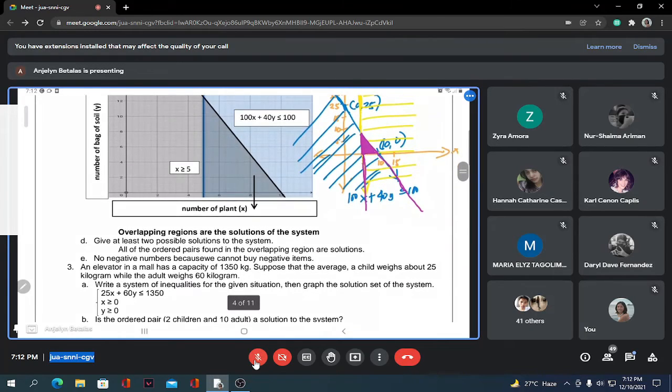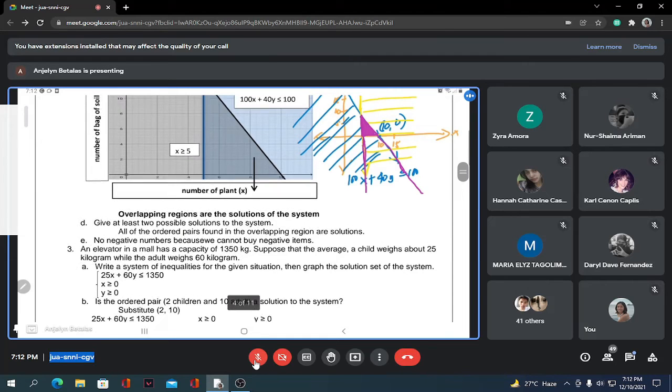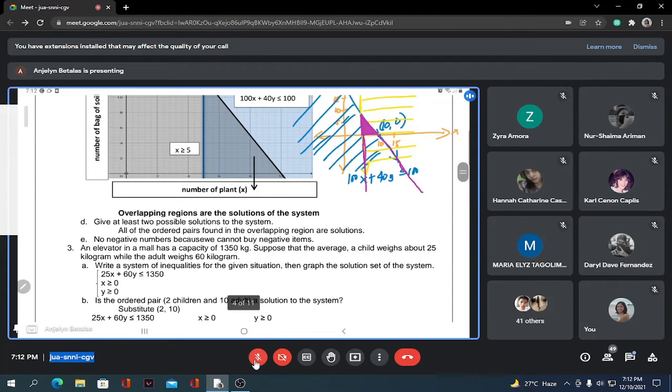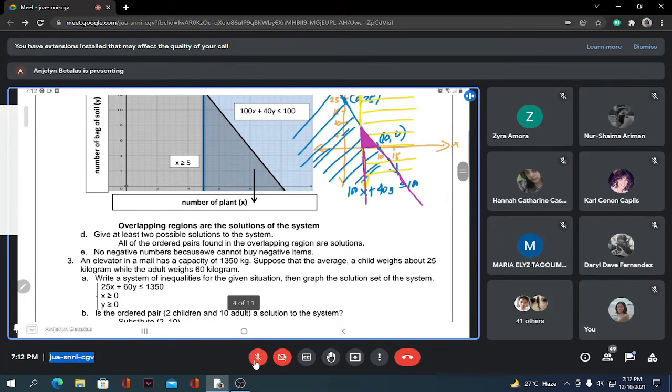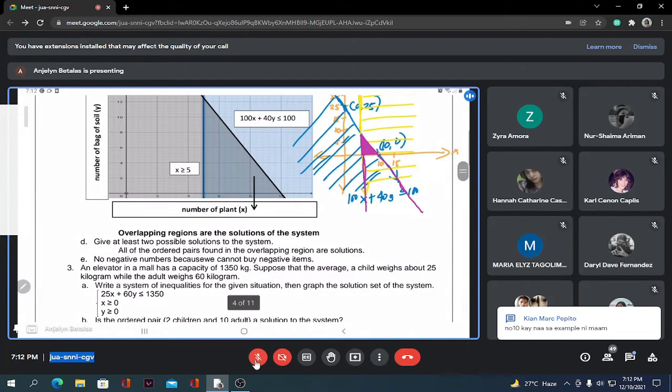So, the term for this is overlapping regions, or double shaded region, triple shaded region, depending on the number of inequalities given. The correct term is overlapping, or intersecting regions. So, give at least two possible solutions to the system. All of the ordered pairs found in the overlapping regions are solutions.